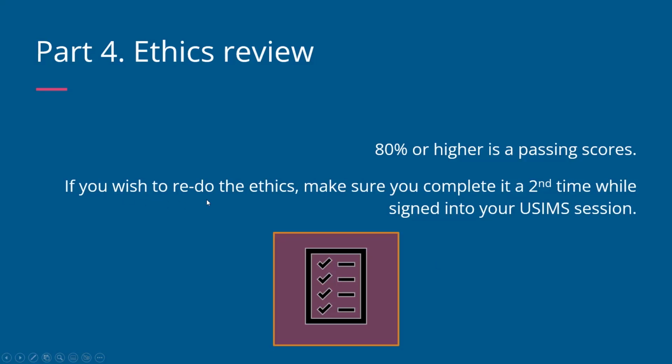Once you do pass it with an 80% or better, the USIMS platform will allow you to redo it. Just please make sure that you complete it a second time if you start it again while you're signed into your USIMS session. You want to make sure and get it 100% complete with an 80% or higher passing score.